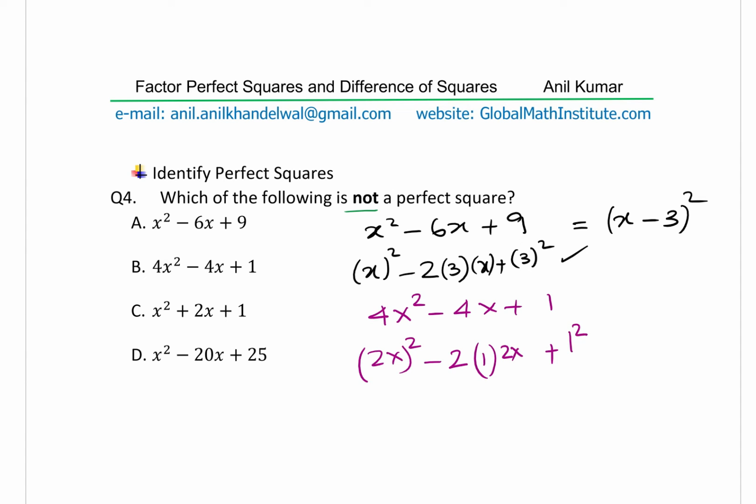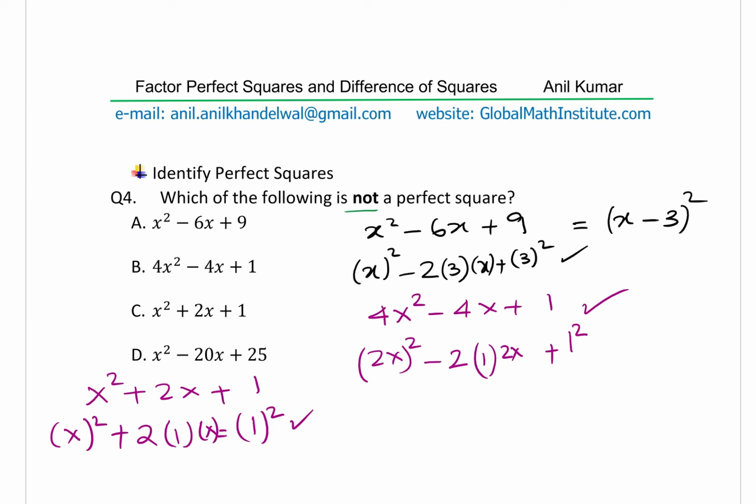So this is also a perfect square. Now let's take the third example, which is x squared plus 2x plus 1. Now x squared is a square for sure, and then we have 1 as a square of 1 itself, and twice x and 1 will give us the middle term. So this is also a perfect square.